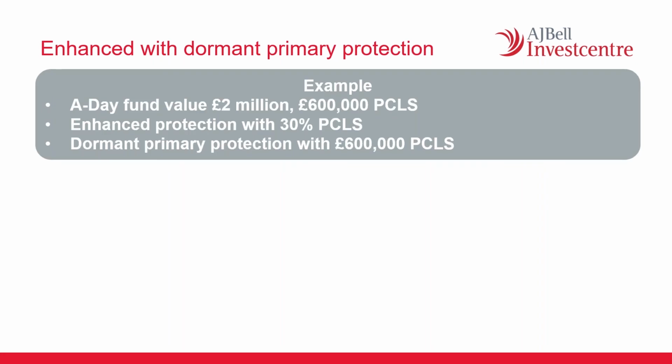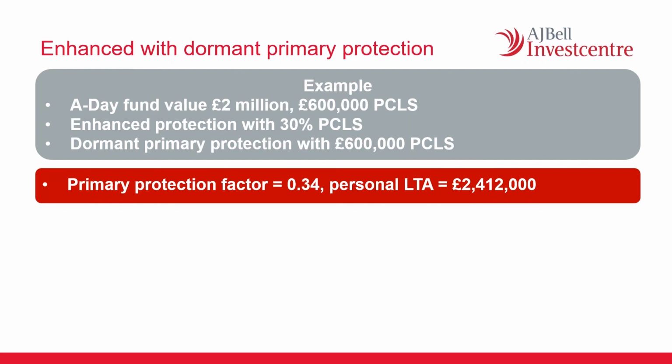So this example I've got for you, they had an A-day fund value of 2 million with 600,000 PCLS. So in those circumstances, they would have had enhanced protection with their PCLS represented as a percentage, so that's 30%. And they could have dormant primary protection with a PCLS expressed in monetary terms, so £600,000.